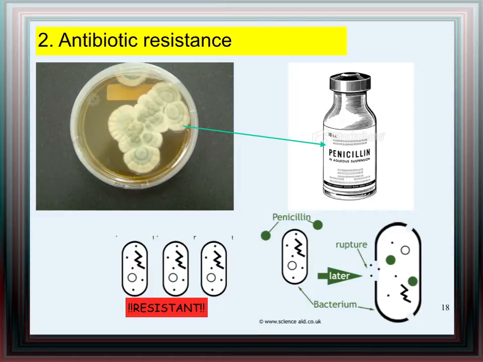So there are some bacteria that have got an enzyme called penicillinase, which inactivates penicillin. These mutant bacteria have a selective advantage. Those bacteria without this allele will die, so they've got a selective disadvantage, whilst those that are resistant will survive and reproduce. So over time, you're going to have a new population emerging with antibiotic resistance.